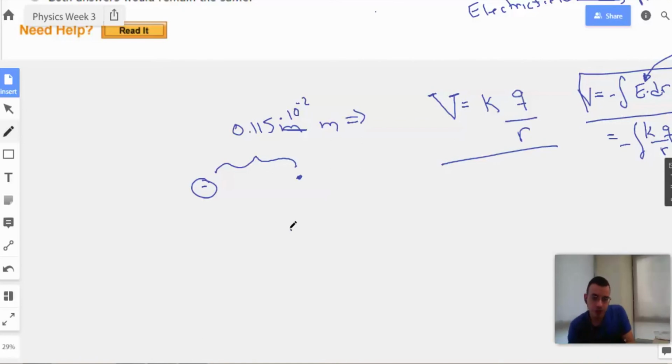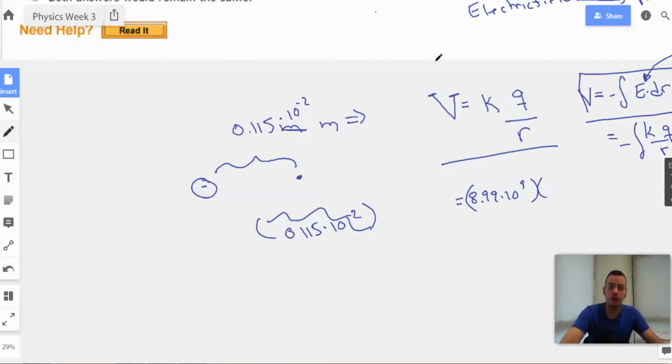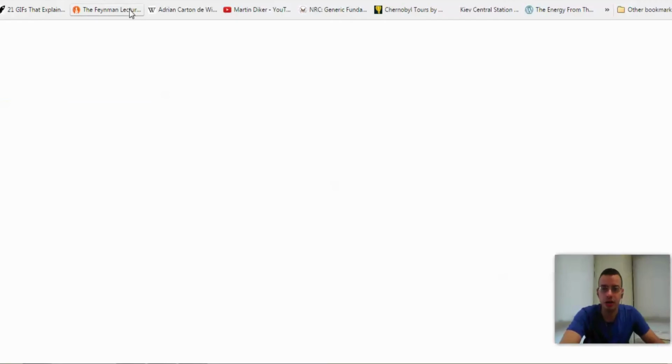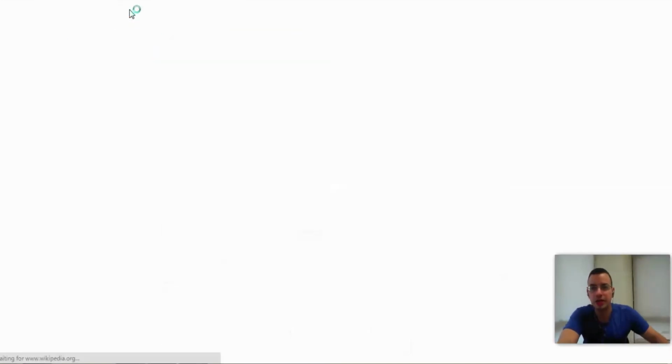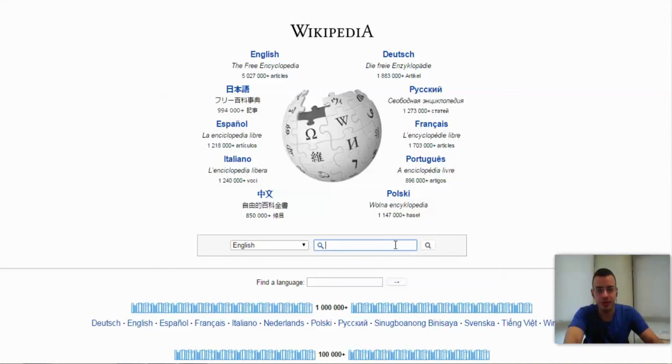So let's see here. If we do this, then we have 0.115 times 10 to the negative second. No, I don't want to do that yet. Let's cut straight to the chase. 8.99 times 10 to the ninth, that's k. We have an electron, so I will Wikipedia real quick. Mr. Electron.